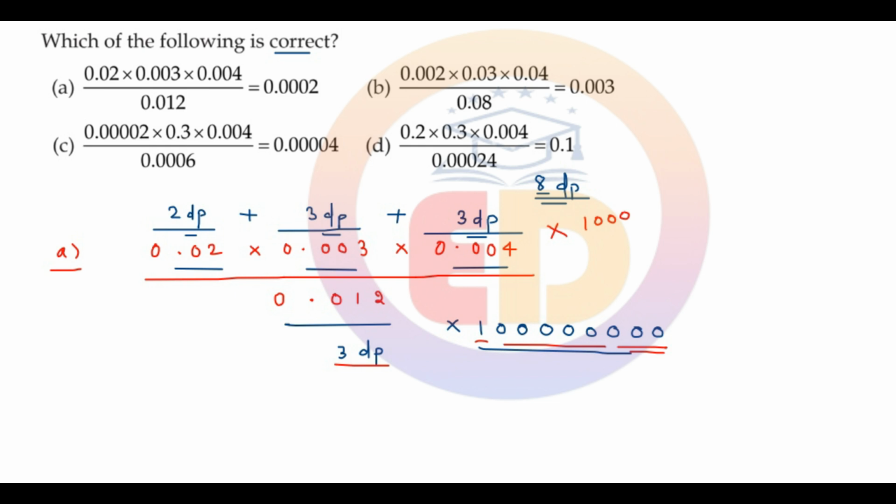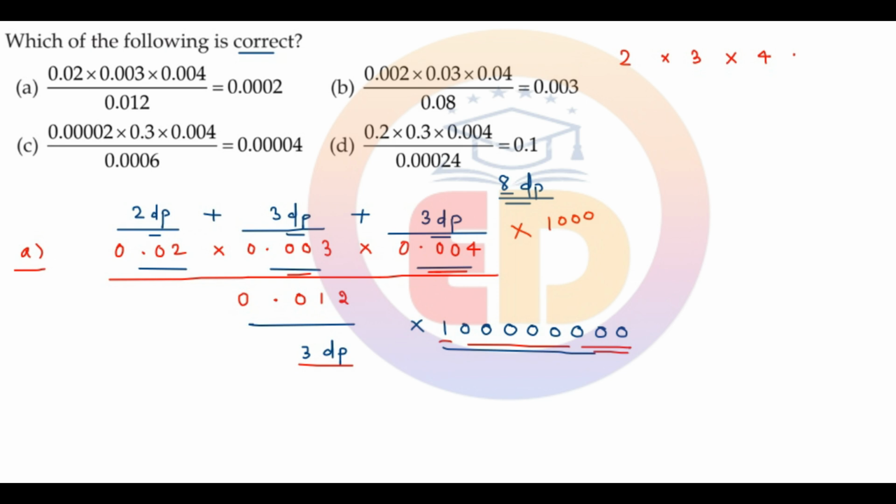Now pay attention, हमारा नंबर 0.02 हो जाएगा ओनली 2. हमारा नंबर 0.03 हो जाएगा ओनली 3 और 0.04 will become only 4, and we have to multiply the numerator by 1000.